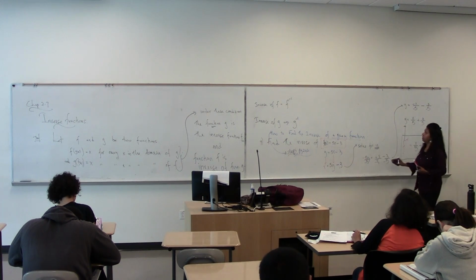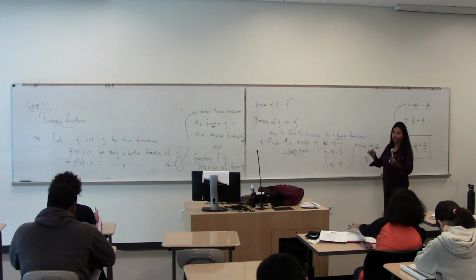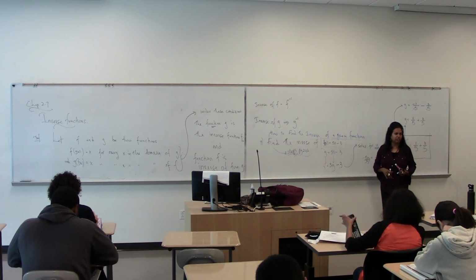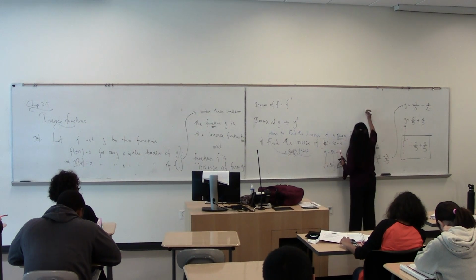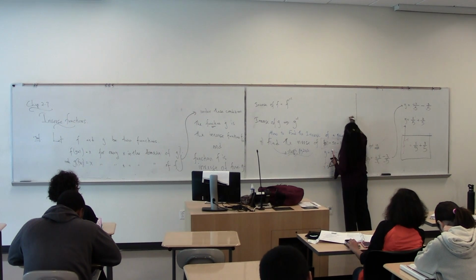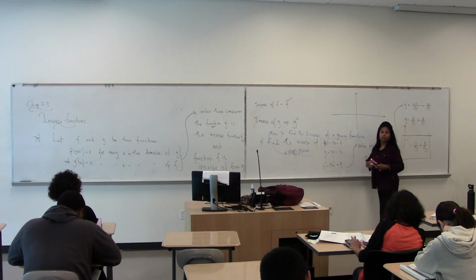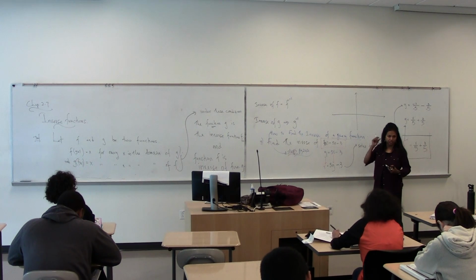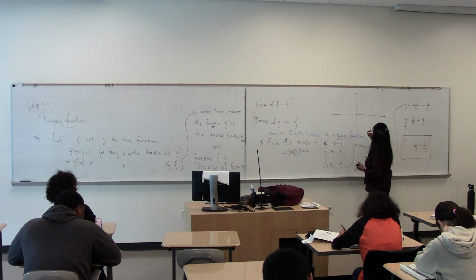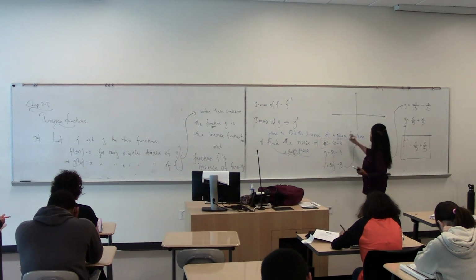Now I can say graph this. Graph f and f inverse on the same coordinate plane. So let's do this real fast, graphing these 2 functions on the coordinate plane. I'm going to rush this, guys. The first one is 5x minus 3.